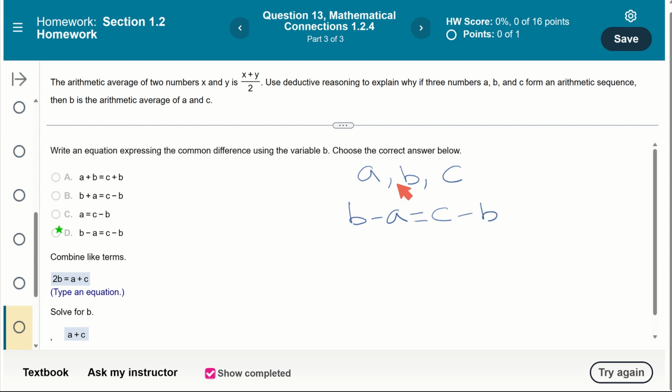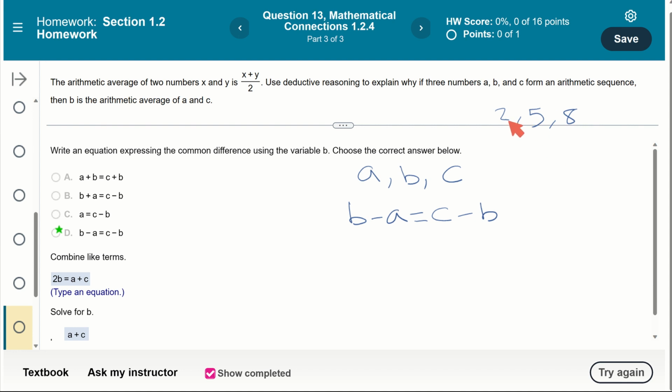So notice, because it's an arithmetic sequence, the difference between these two is going to be the same as the difference between those two. Now, if that's too abstract for you and you don't see it, just do a few numbers. Let's say we do a simple arithmetic sequence like 2, 5, 8, right? Each term is 3 more than the previous one, right?